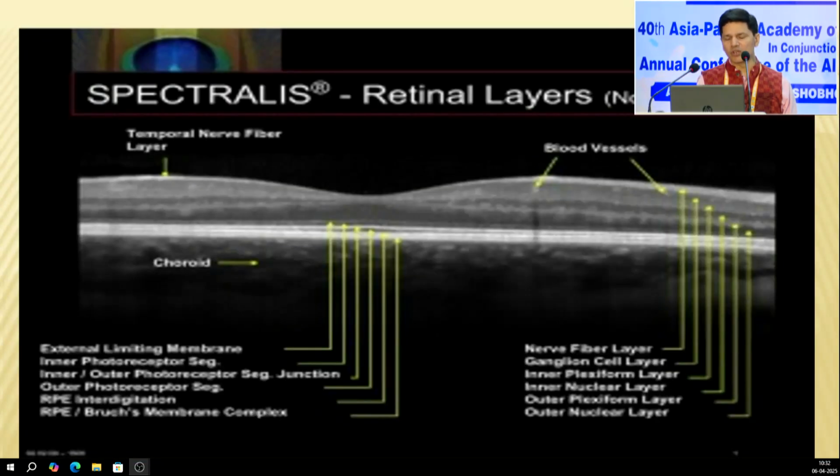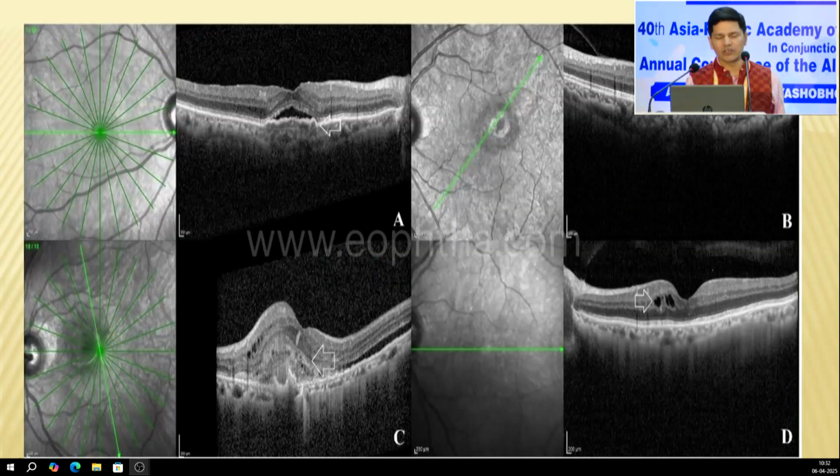And you must know the normal OCT appearance, the normal layers, to make your diagnosis in OCT. And the learning curve is quite short in cases of OCT. So these are certain slides showing CSR, AMD, and diabetic retinopathy.